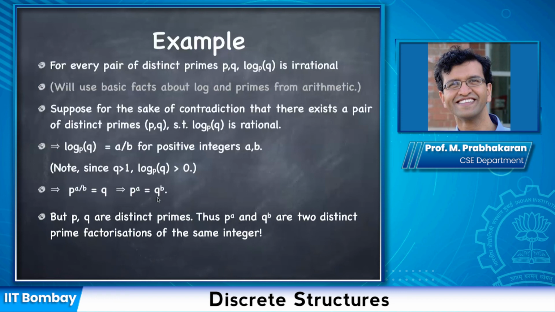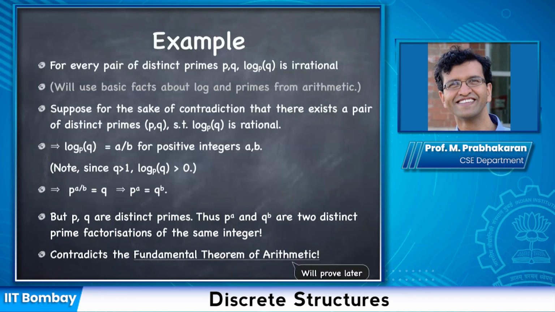Now we don't have any contradiction yet, but we can bring in one more theorem that's already proven or known, and that's the fundamental theorem of arithmetic, which we will see later, which says that every integer has a unique prime factorization. So it cannot be the case that you have two prime factorizations. So combined with the fundamental theorem of arithmetic, this statement gives you a contradiction.